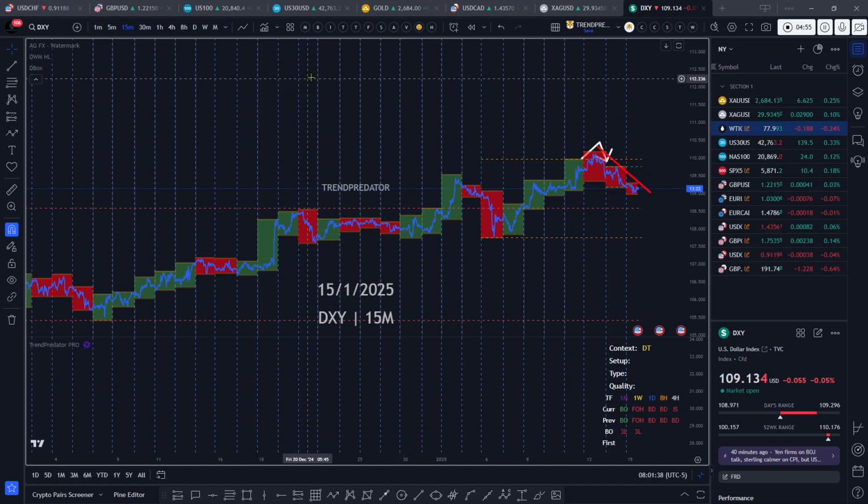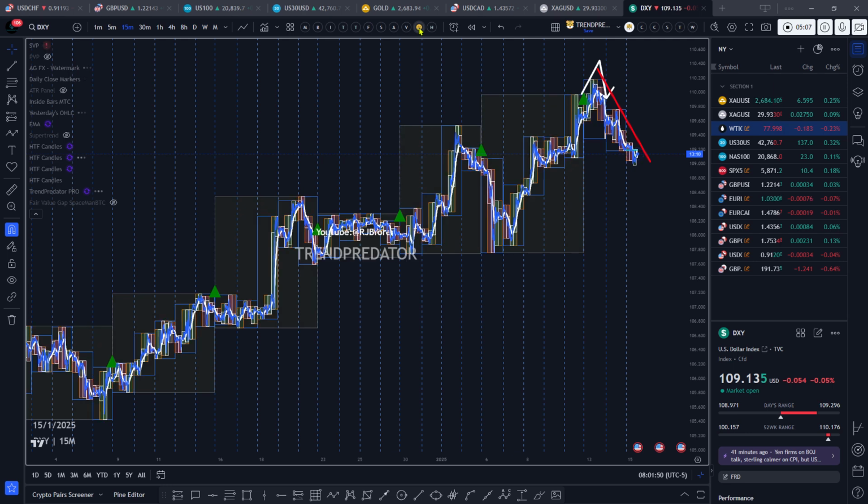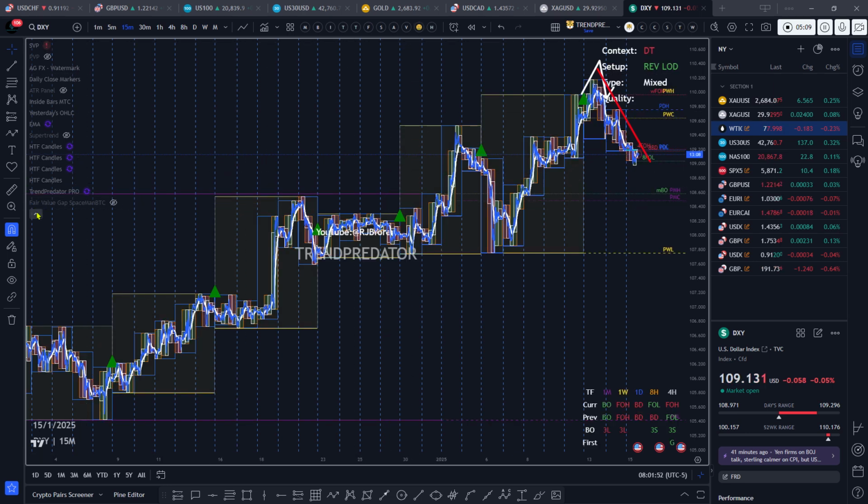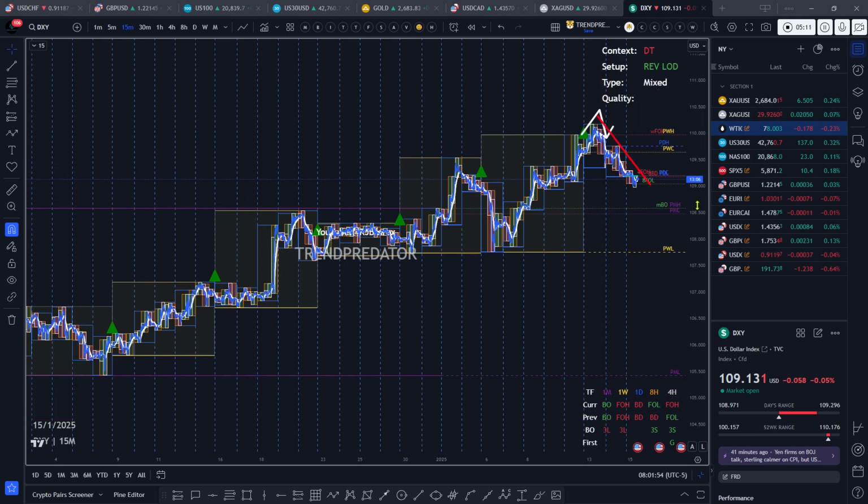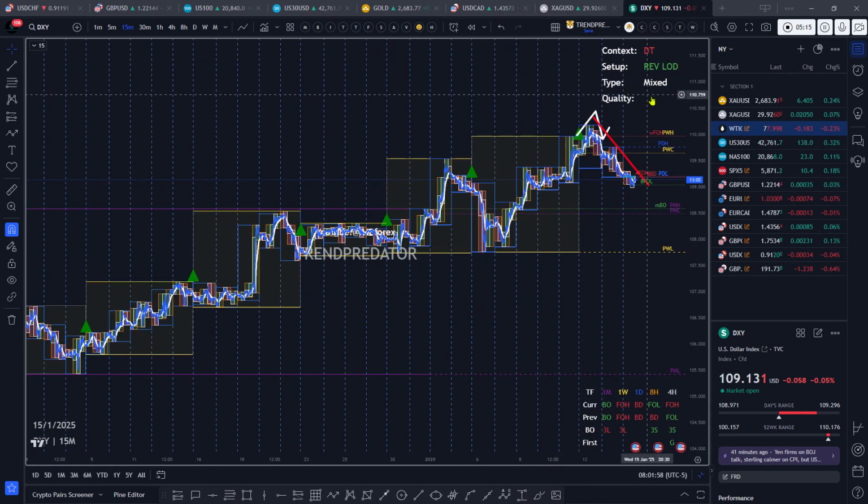So let's have a look at the chart in depth. What we'll do is set it to the trend predator. Okay, this is my template, which looks at the market more in depth. So as you can see, I've split each week into an orange box.